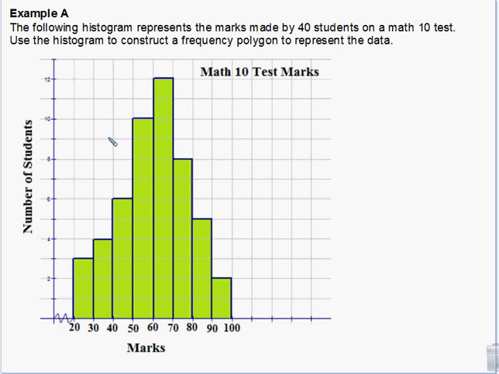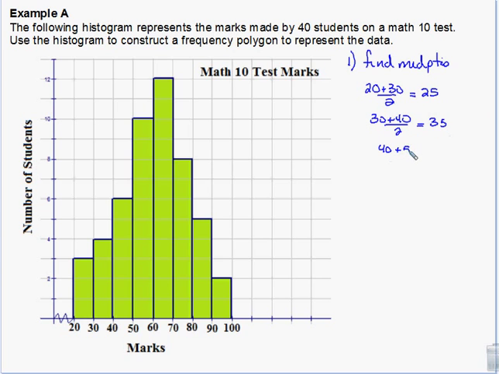Now we are going to create a frequency polygon from this histogram. Okay, so what we do is we find the midpoints. Okay, so 20 plus 30 divided by 2, that's 50 divided by 2, so that's 25. And then 30 plus 40 divided by 2 is 70 divided by 2, so that's 35.